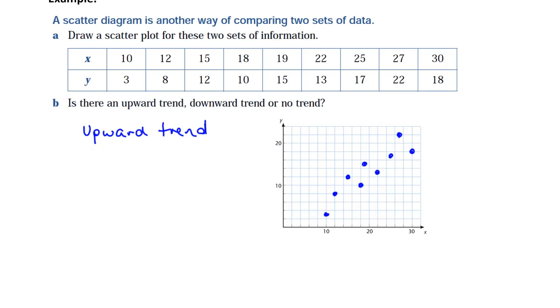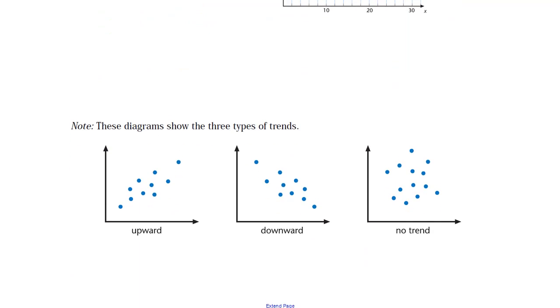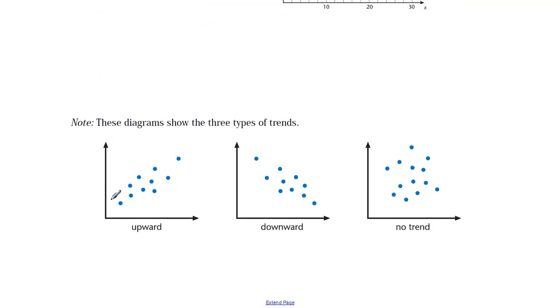Right, let's have a look at the other possible trends that there are. Here we go, there's an upward trend. You'll notice that's what we mean, going up in that direction. A downward trend means as one goes up in value, the other goes down. So it's sort of a reverse trend, but it's still a pattern. And here, you can't actually pick any particular line that's happening.